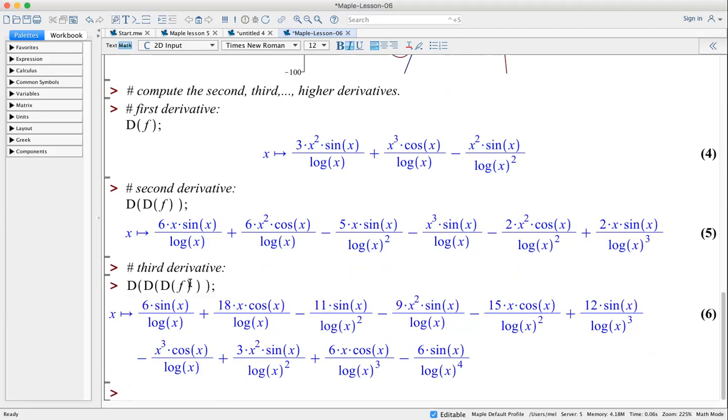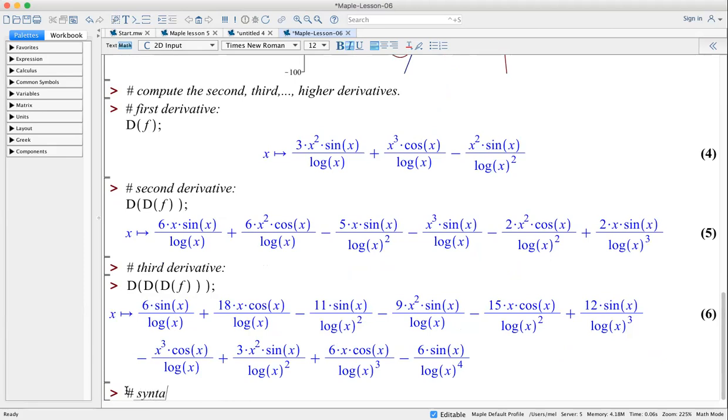And it's getting more and more complicated. You can keep iterating this procedure to get as many derivatives as you need. But if for some reason you wanted the 20th derivative, that's a little bit complicated to write out and it's not necessary.